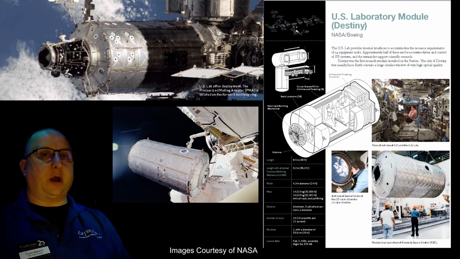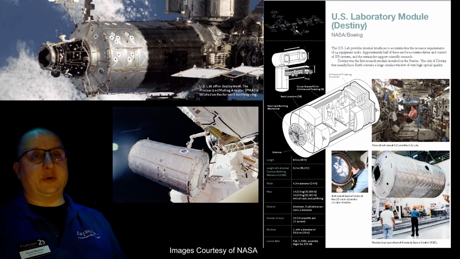And the module has some segments that are allowed for the Americans to work in, and some that only the Japanese can work in. Same with the Columbus Orbiting Facility. There are parts of the Columbus Orbiting Facility that the Americans are allowed in, and some that they are not. So it just kind of depends on the different pieces or parts of the space station and what their agreements were at the very beginning.